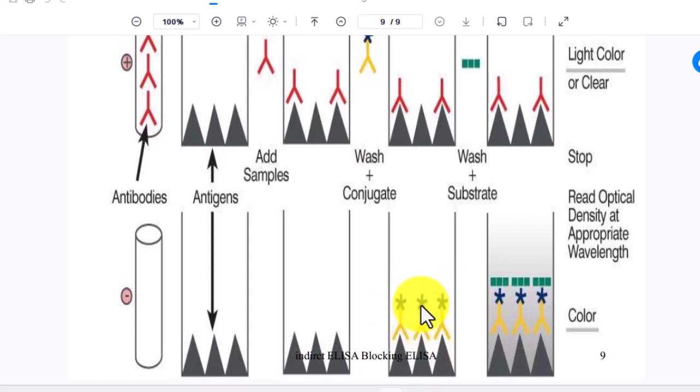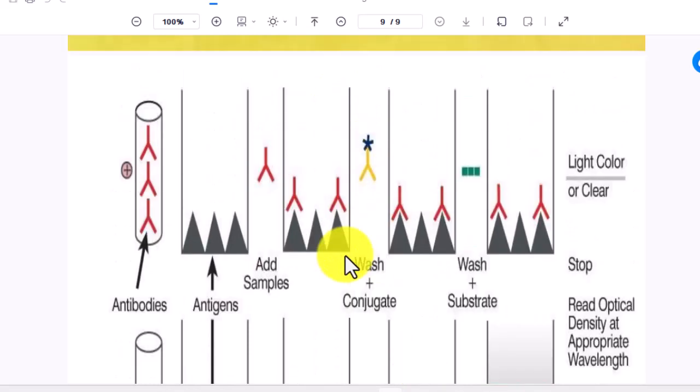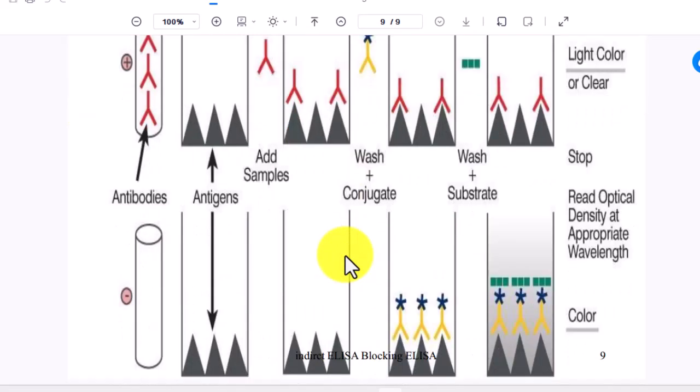The conjugated antibodies bind to the antigen. Here the conjugated antibody does not bind to the antigen, only the specific antibody binds to the antigen and prevents the conjugated antibody from binding to the antigen. It's competitive. It's a competition between the specific antibodies and the conjugated antibodies. It is the reverse of the indirect ELISA.